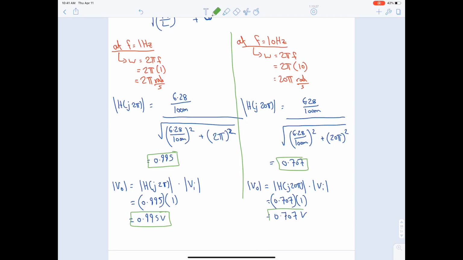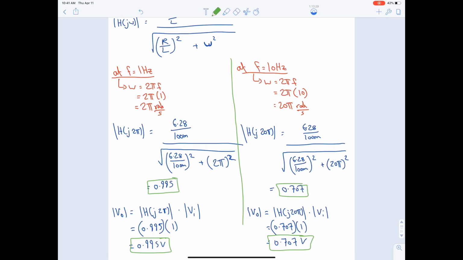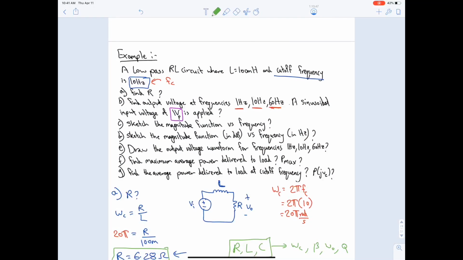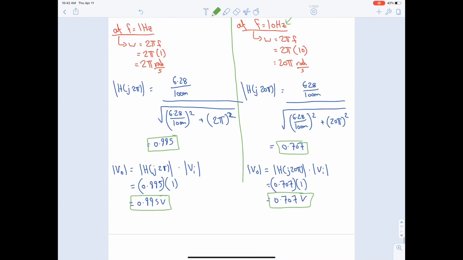Now note that 10 hertz is the actual cutoff frequency, the omega c. It's defined here in the question: the cutoff frequency is 10 hertz.